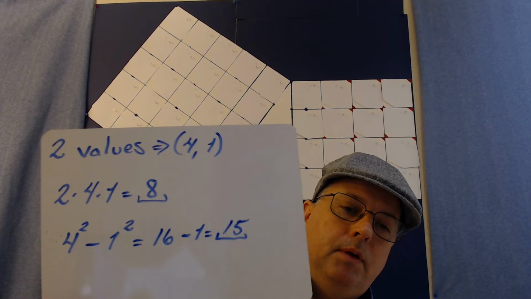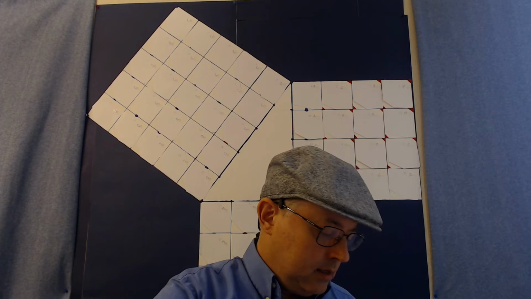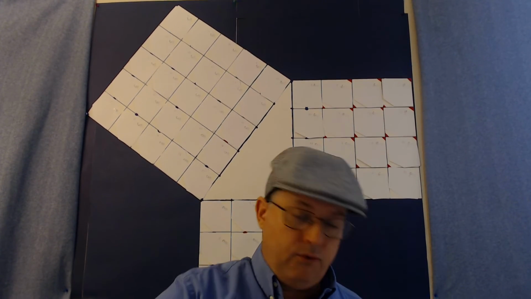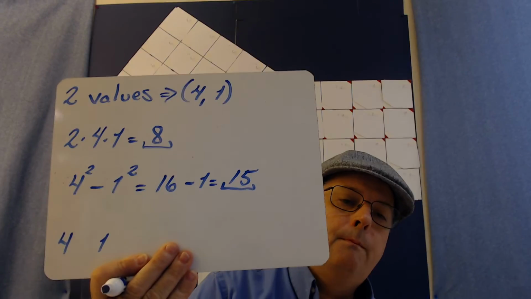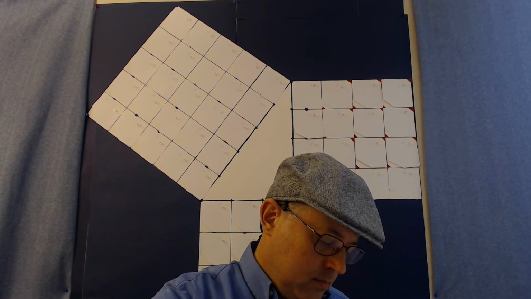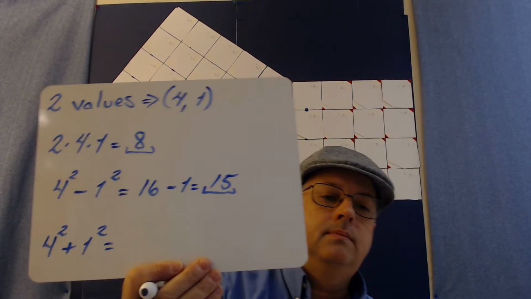And so this is coming together right. And for the last part of this formula that generates Pythagorean triples, let's take the numbers 4 and 1 again and square them and add them together this time.